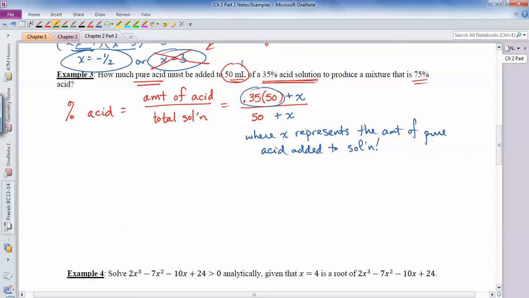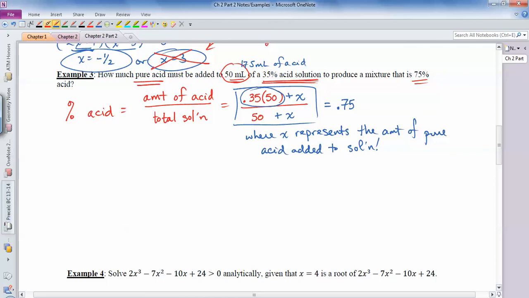So originally I have 17.5 milliliters of acid in my 50 milliliter solution. If I add X milliliters of pure acid, then I've got 17.5 plus X out of 50 plus X. This is what we're looking at, and we want that to be 75%. So I want to set this equal to 0.75, 75%.